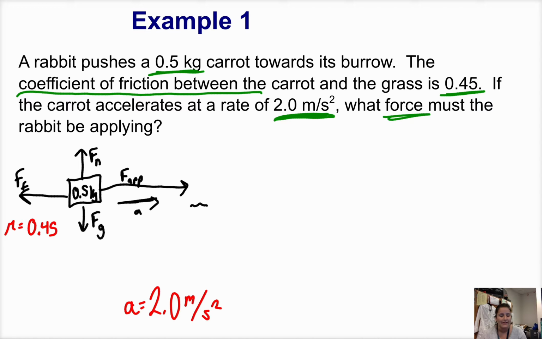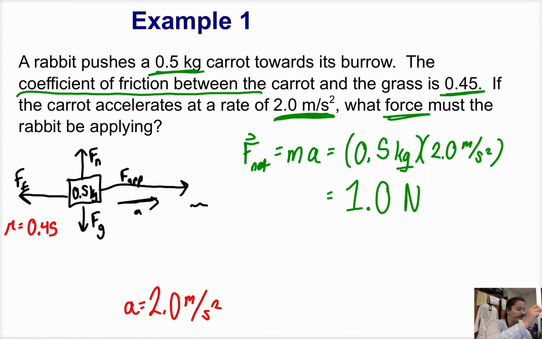I plug that into my calculator. Yes, I had to plug that into my calculator. Don't judge me. So 1.0 kilogram meter per second squared, aka newtons. So I'm going to add that to my picture over here. Force net is 1.0 newtons.